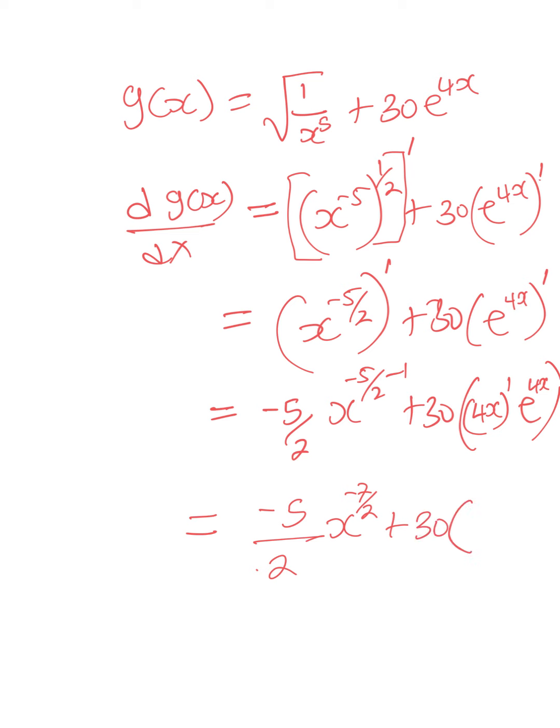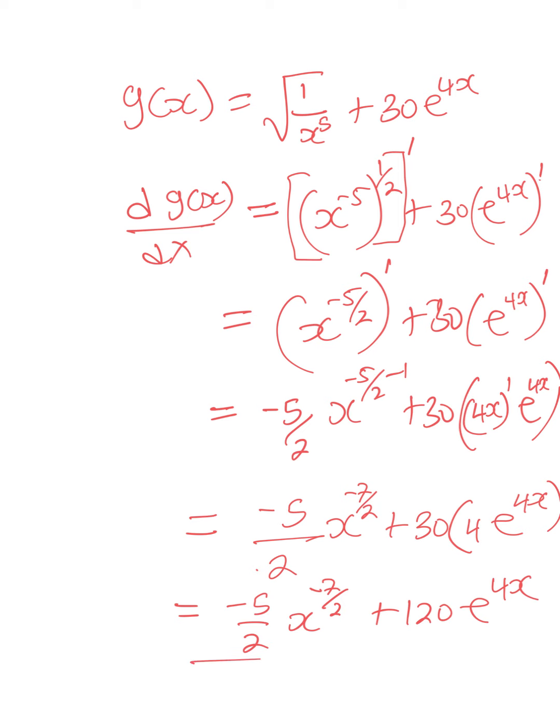When you differentiate 4x, you get 4 e to the 4x. So what is 30 times 4? That's going to be 120. So I can write this as minus 5 over 2, or 2.5, x to the minus 7 over 2 plus 120 e to the 4x. And that's my dg by dx.